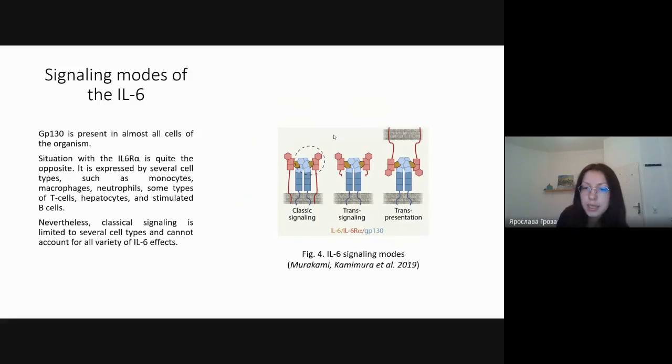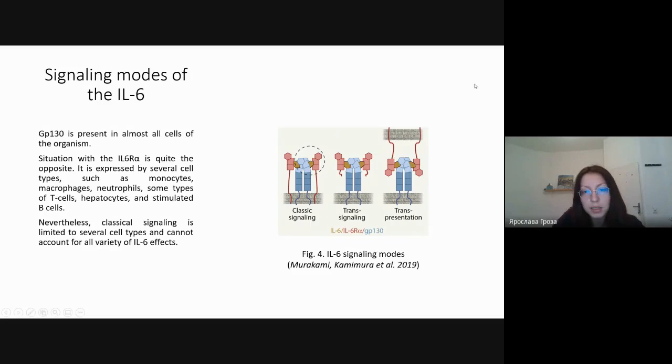The trick is that beta receptor is present on almost all cells of the organism, while alpha receptor is present only on some of them, but this cytokine has different modes of action, and that is why it's able to spread its function on different types of cells.